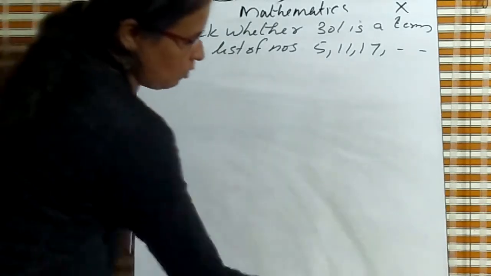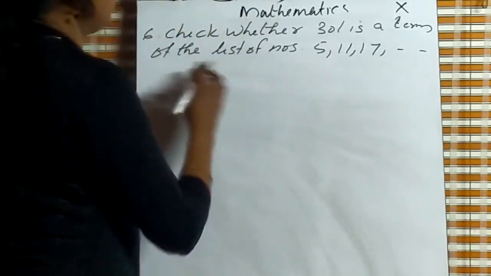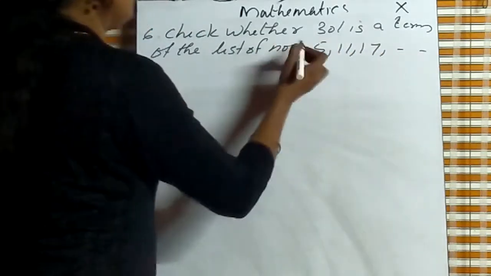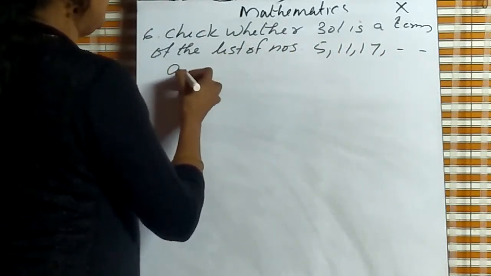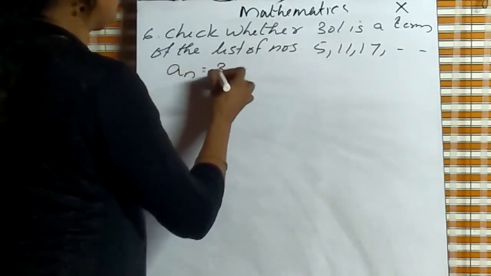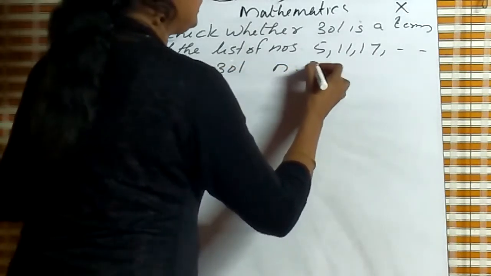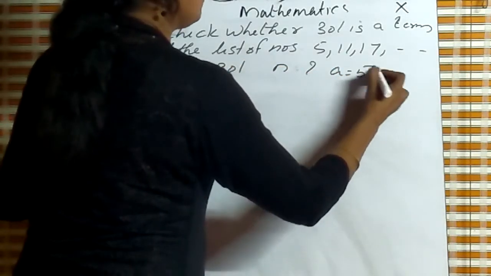If n is a whole number, we can say that it is a term. First we take an is equal to 301 and find n. What is A? A equals 5.